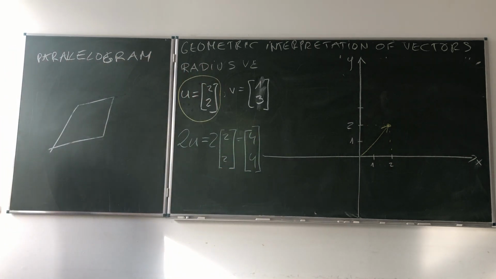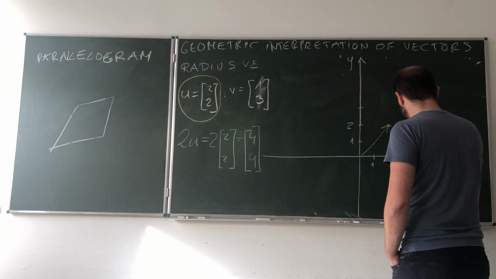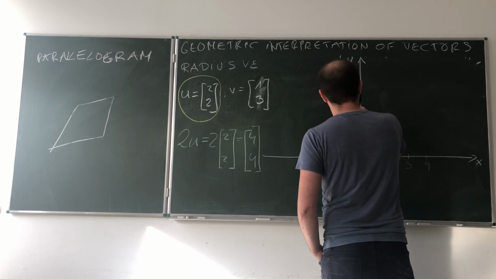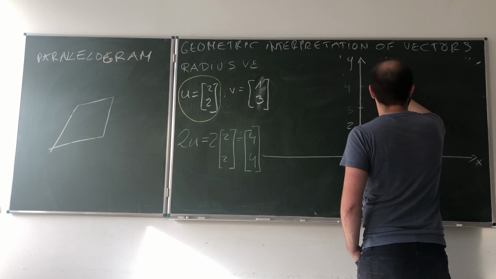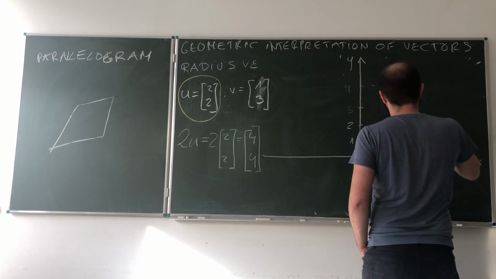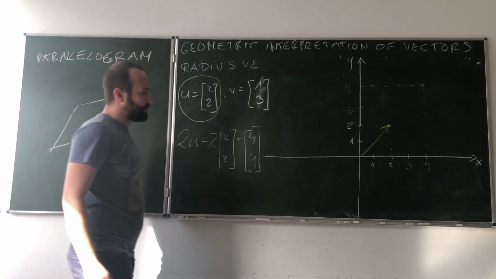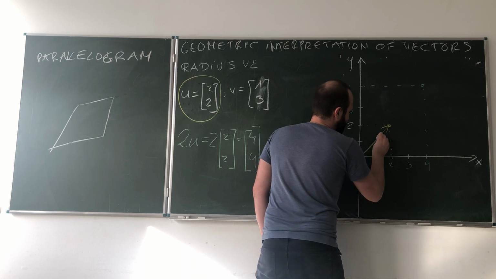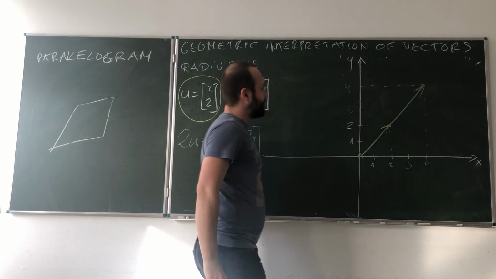This should be our vector 2u. Does it make sense? Look what has happened. Now, the vector that we are interested in still starts at the origin, goes through the old vector, but it ends up at this point.